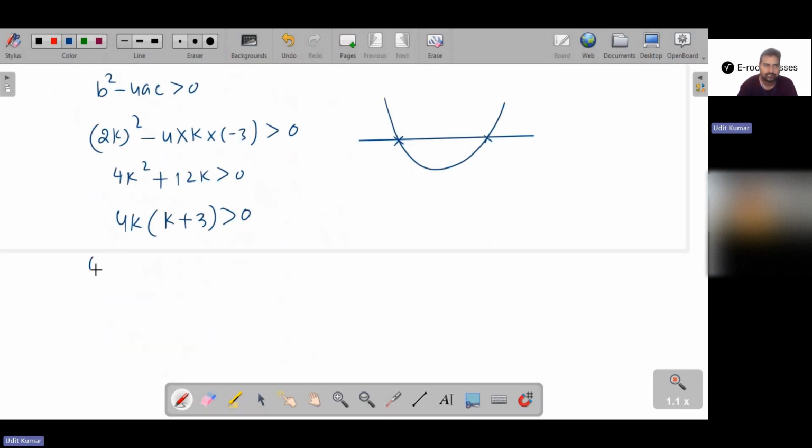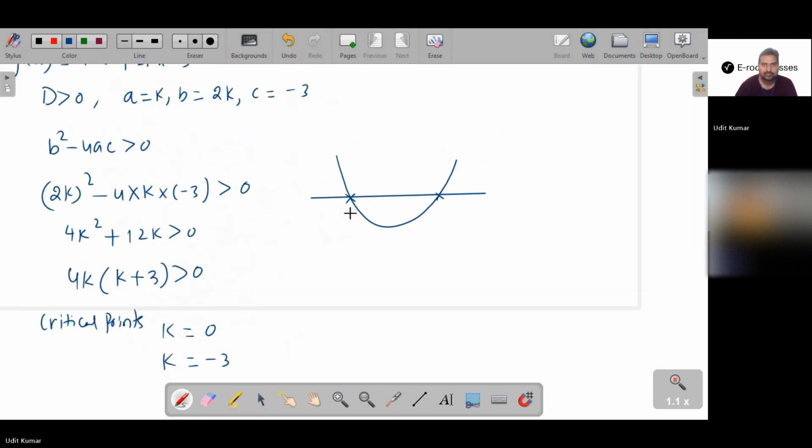So the critical points for this are k equals 0 and k equals minus 3, right? So this point is minus 3, this point is 0, and this is positive, negative, and positive. Means this area is positive, this area is negative, and this area is positive.